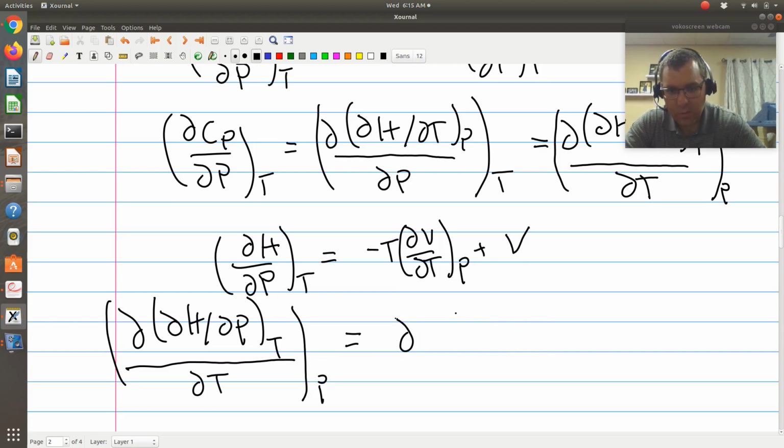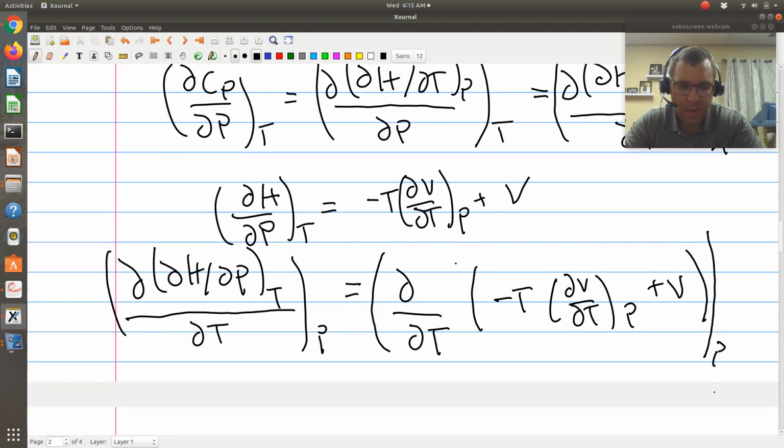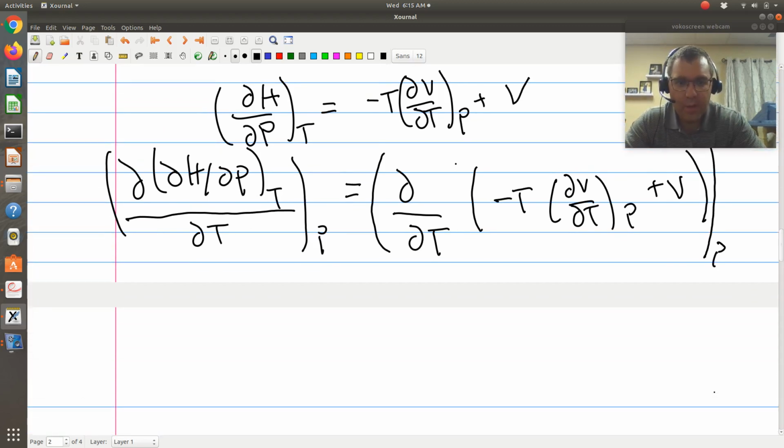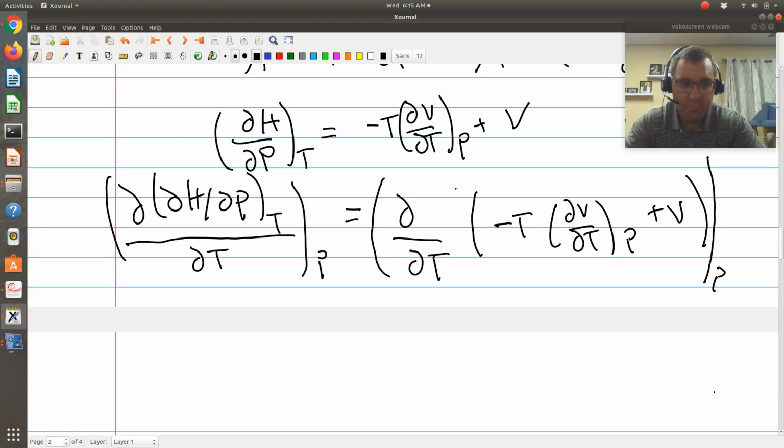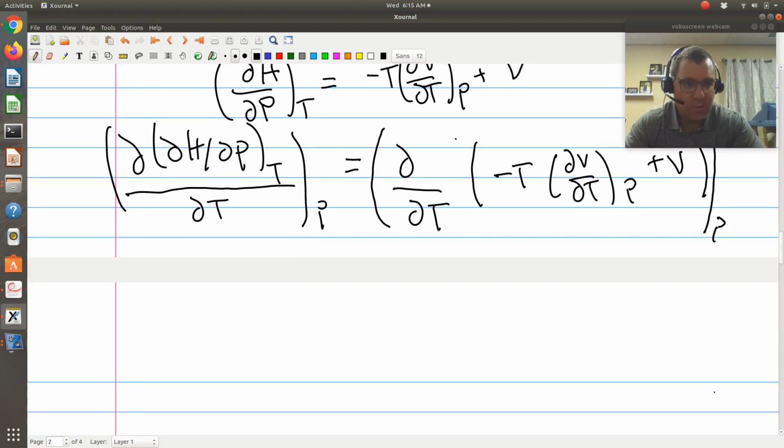I'm trying to differentiate with respect to T, negative T dV/dT at constant P, plus V, and all of this is being done at constant P. Now what I need to do is differentiate said expression. I'm applying the differential operator to the expression in parentheses, and so let's do it.